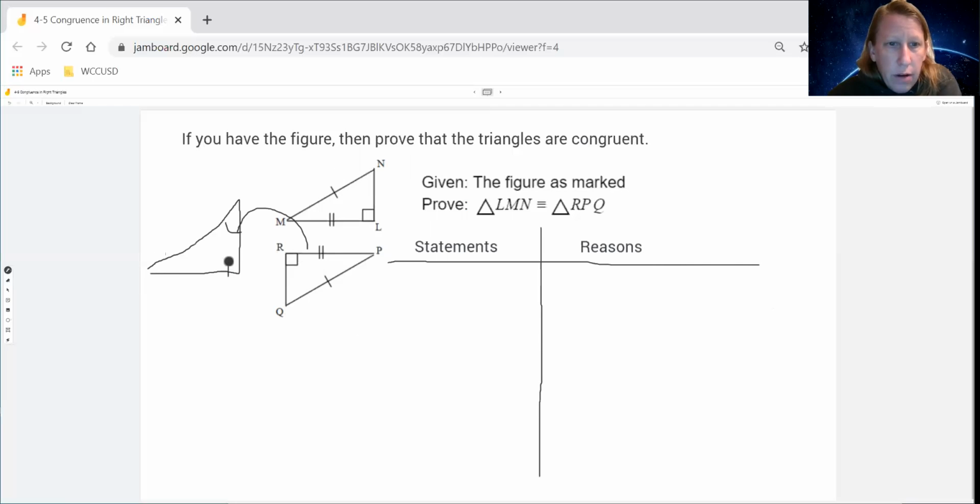If I put R down here and P over here and Q up here, it might help me see it a little bit more. This is a rotation. I'm tired, you guys. Okay, how's that look? Not bad, not bad at all.